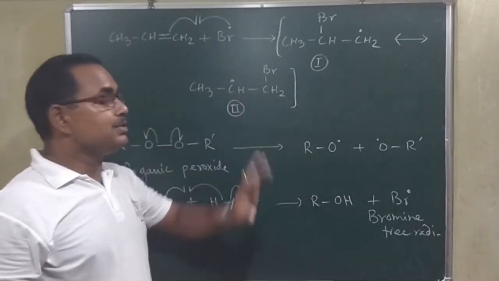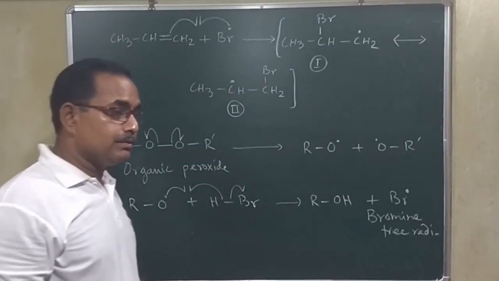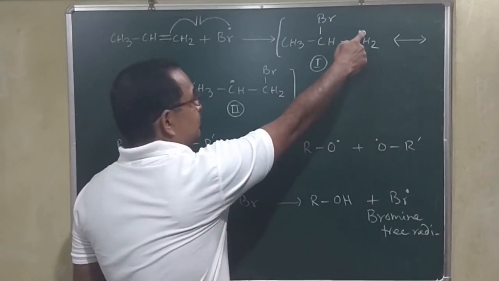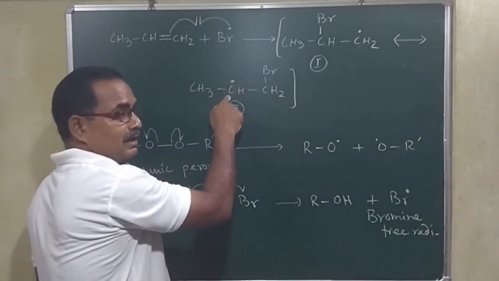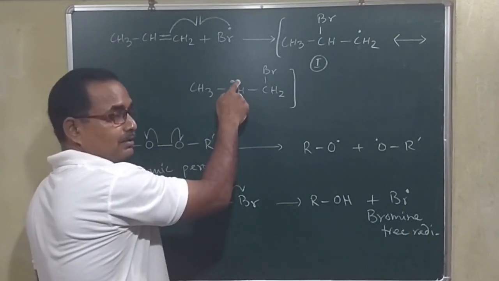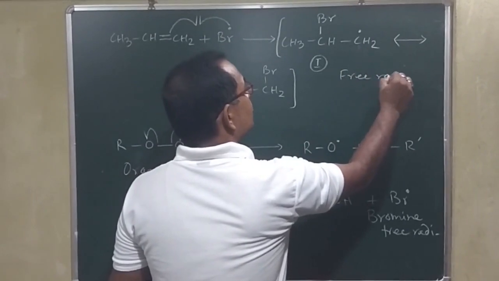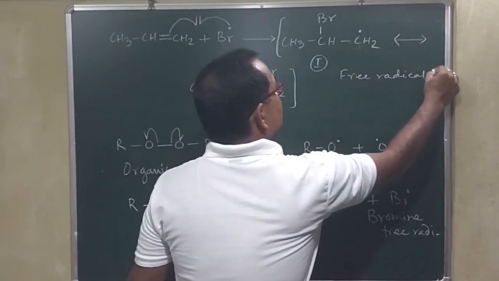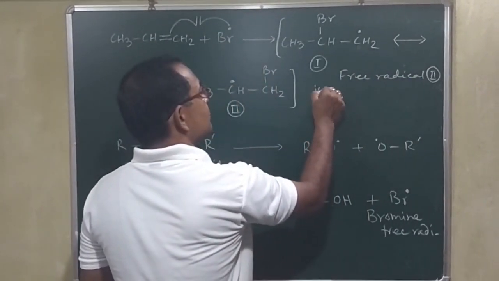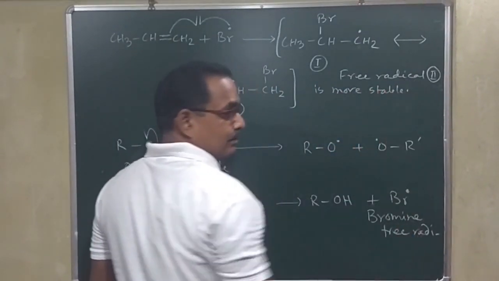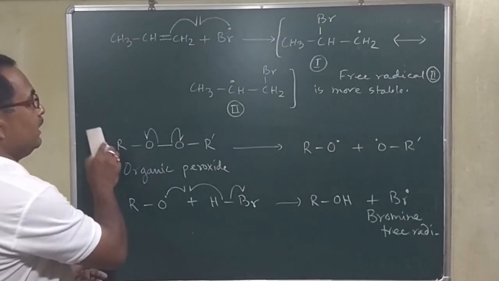Now between these two, which one is more stable? This is a primary free radical, CH2 dot. This is a secondary free radical, CH dot. Okay. So free radical 2 is more stable compared to 1.